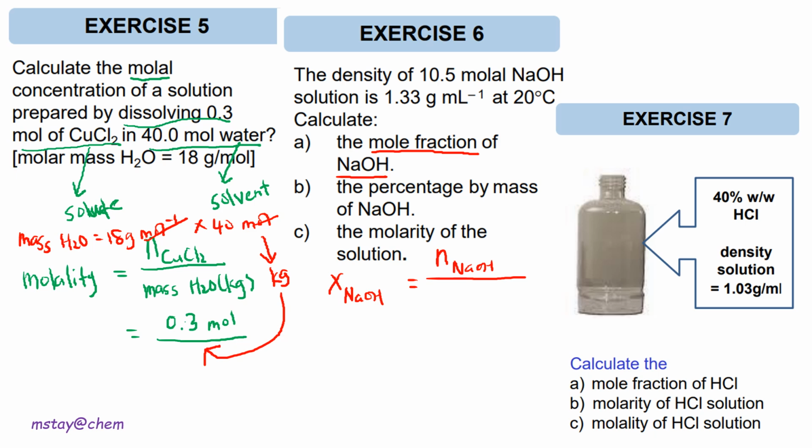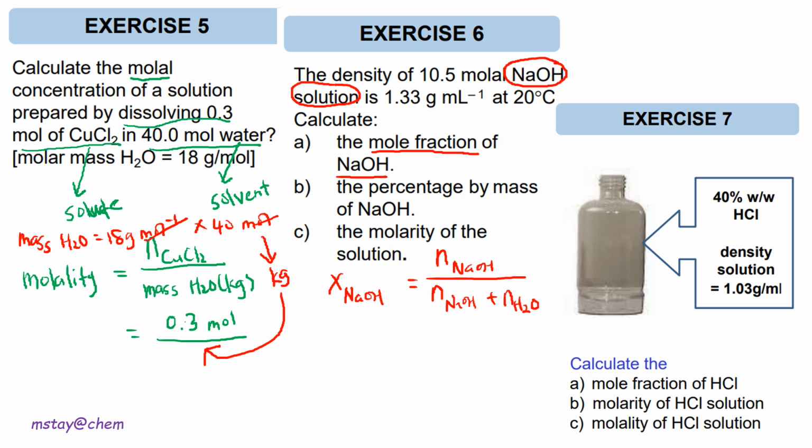When we read this question, we see it is an NaOH solution, sodium hydroxide solution. No significant solvent is mentioned, so we will treat the solvent as water. This means the total number of moles is mole of NaOH plus mole of H2O.